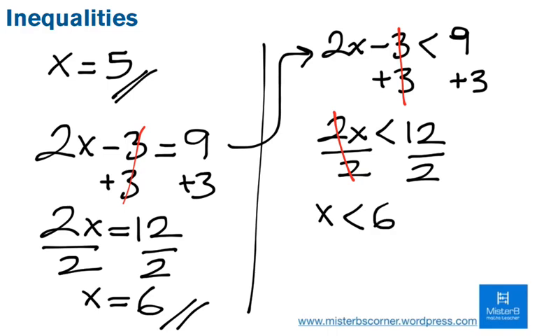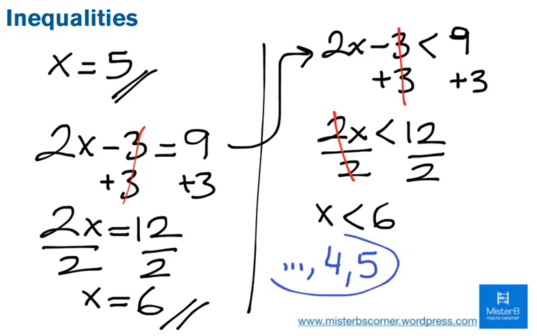Now, this gives you a lot of solutions, actually infinitely many, which is, even if you consider the integer solution, it will be from negative infinity until 5, because it's not equal to 6, right? It's only smaller than 6.